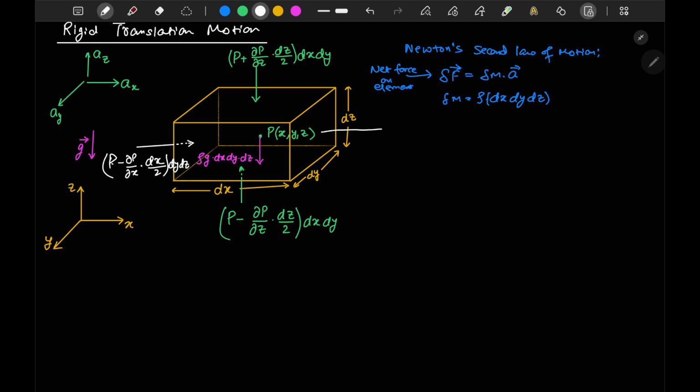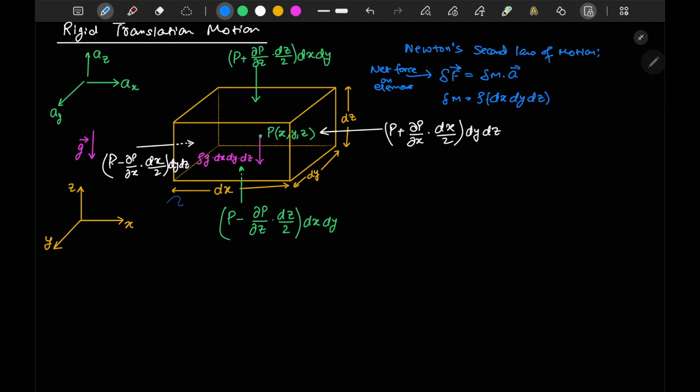In this direction, the force will be p plus del p by del x times dx by 2, times dy dz. We can also write the forces in the y direction.